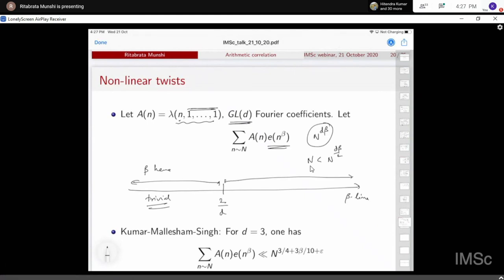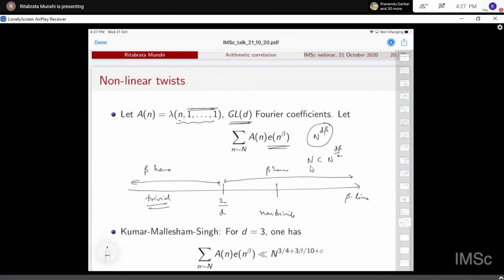When beta is over here, then it is non-trivial. And it means that no non-trivial bound is known for beta in this range for d greater than or equal to 4. So for 2 and 3, we know non-trivial bounds. For 4 onwards, we don't have any non-trivial bounds.